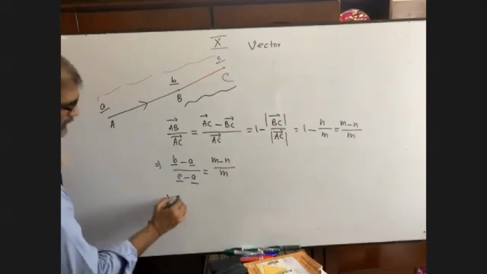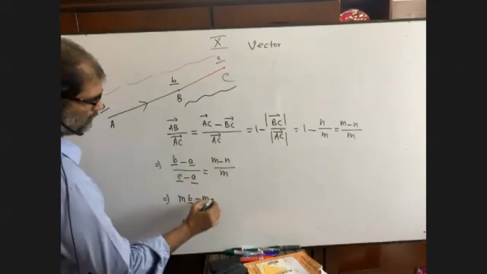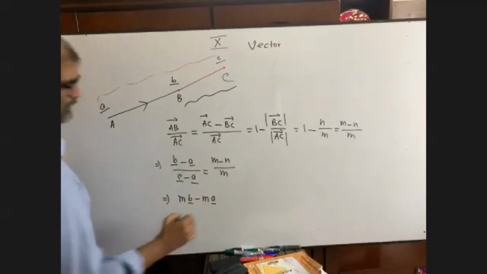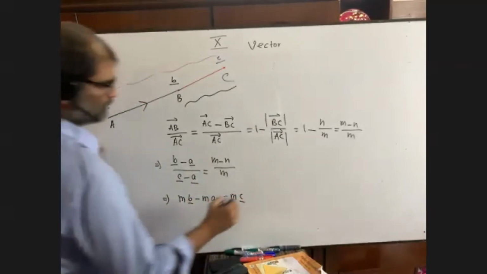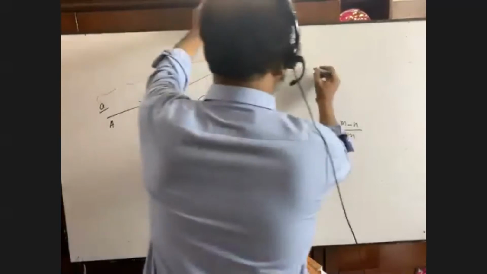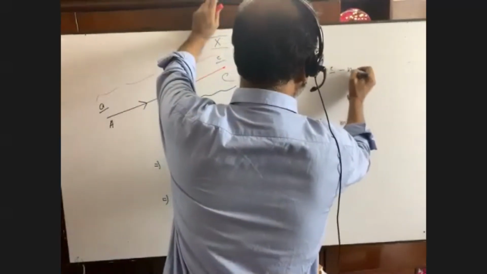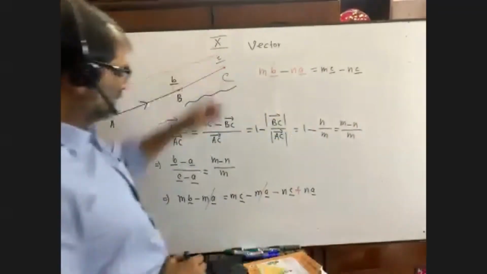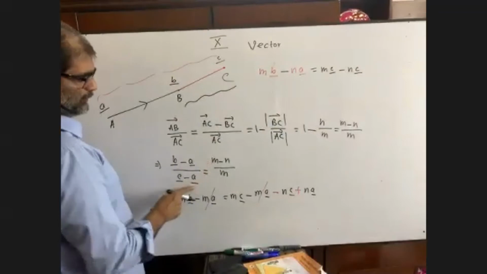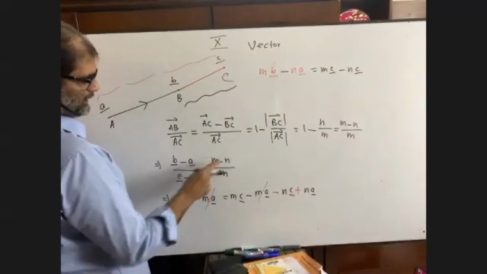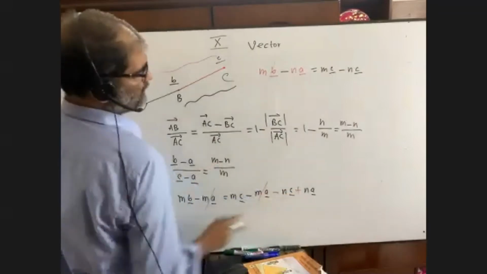You'll get MB minus MA is equal to MC minus NC, minus MA plus NA.